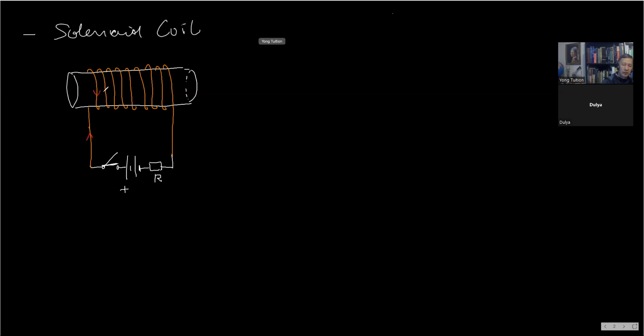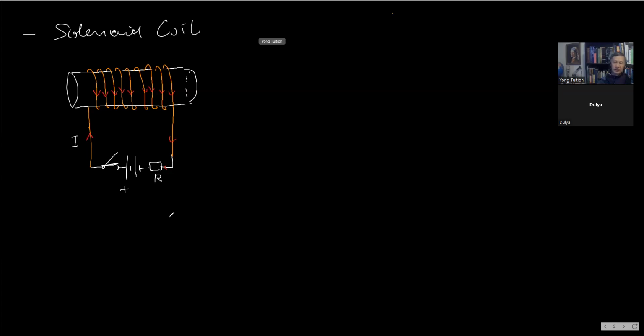The current goes and eventually returns to the negative pole. Doesn't it go from negative to positive? By convention, the current goes from positive to negative.